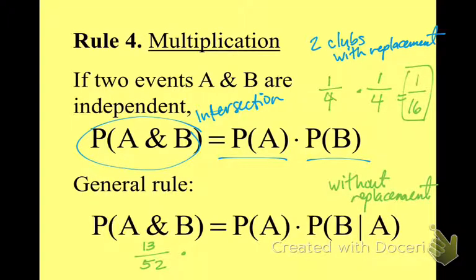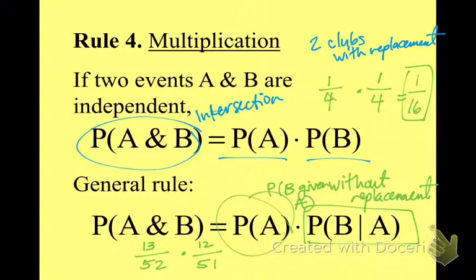So I've taken one club away and I've also taken one card away. So what this means is the probability of B given A. So given that A has already occurred, given I've taken one club away, my new probability is 12 out of 51. So I would take 13 out of 52 times 12 out of 51.